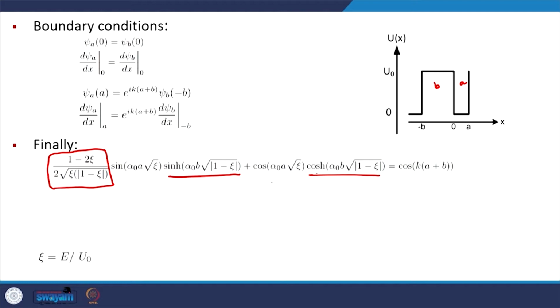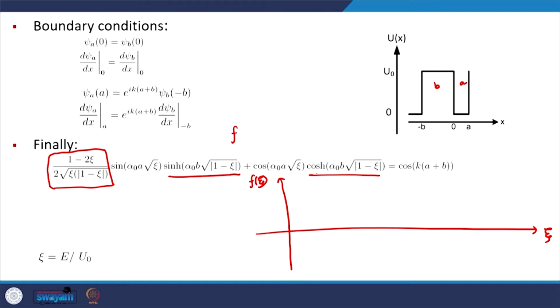So the mathematical solution would be slightly complicated, in fact it would take a lot of time to do the exact mathematical solution of this equation. That is why we resort to a graphical representation of the solution, and what we do is we plot f of xi, which is essentially the left hand side function, as a function of xi.